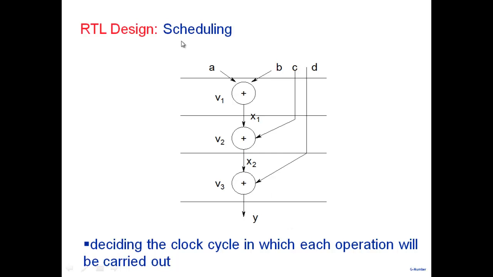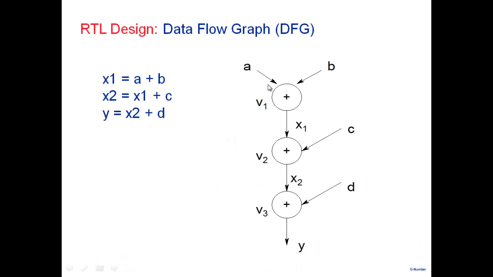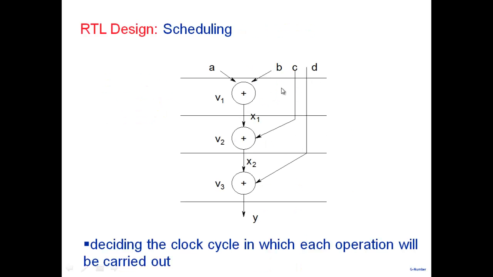Next thing is, I decide how these operations are going to take place in different clock cycles. So with the data flow graph, I say this is going to take place in one clock cycle, this is going to take place in the next clock cycle, and this is going to take place in the third clock cycle. So I'm scheduling the operations v1, v2, v3 in different clock cycles.